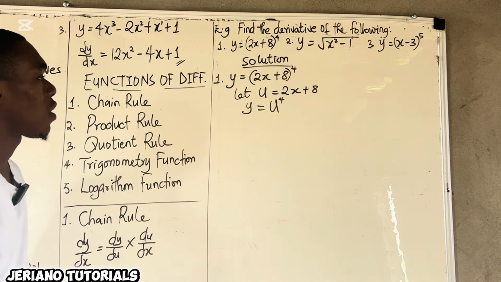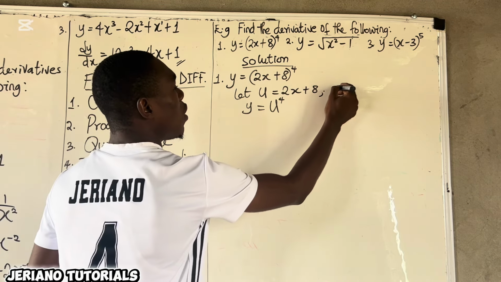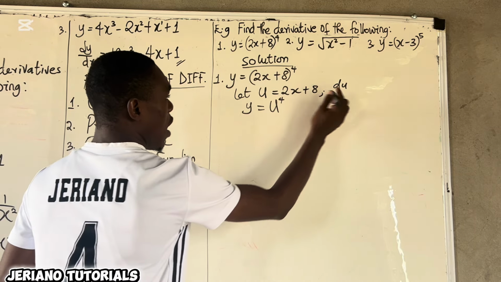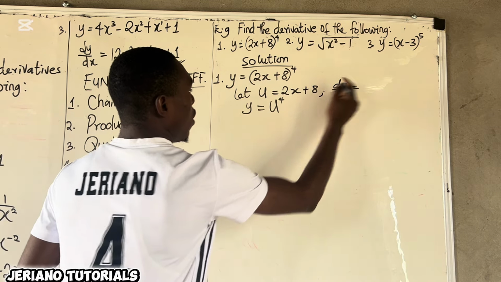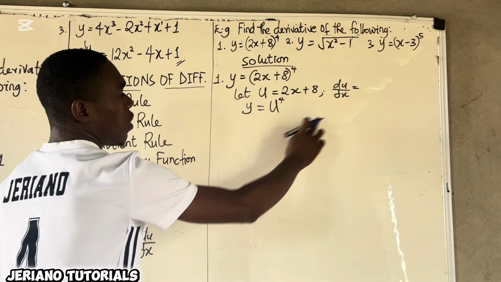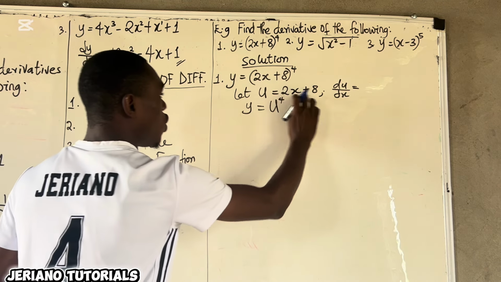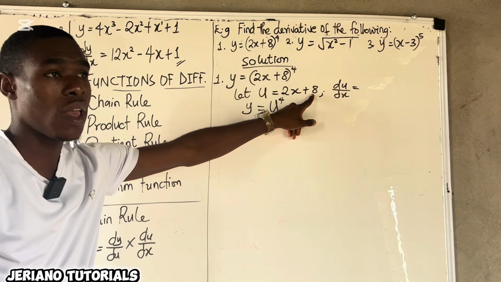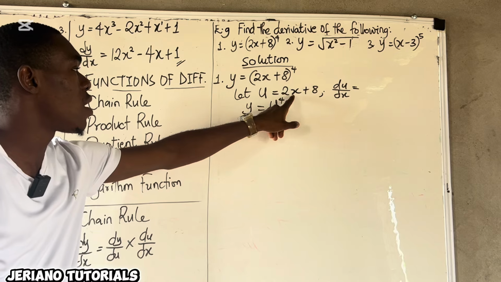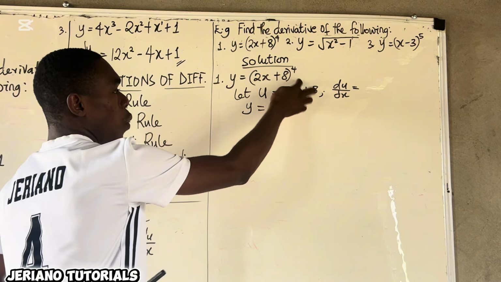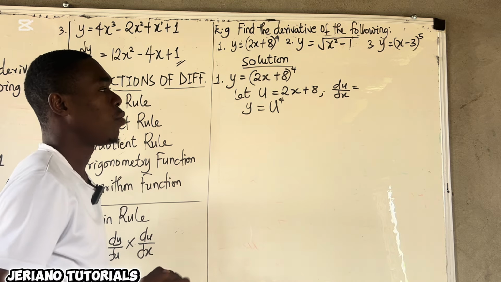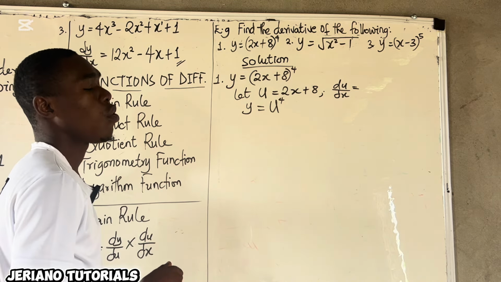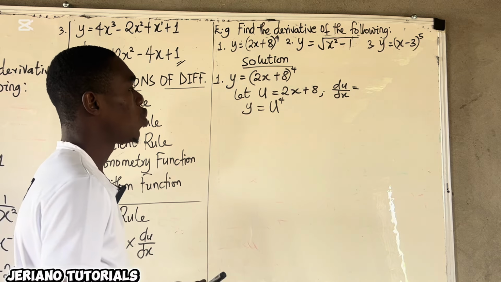I like taking this step. What I'm going to do is find du/dx, so you differentiate this. The 8 is a constant, take away your constant. For 2x, the 1 goes to the back to multiply 2, it becomes 2, and x to the power of 1 minus 1 is 0, which makes it 1.